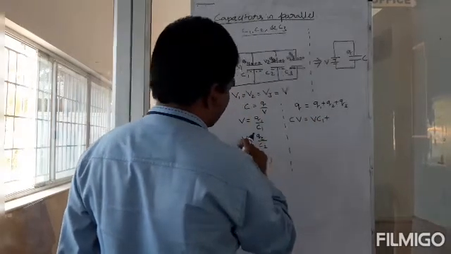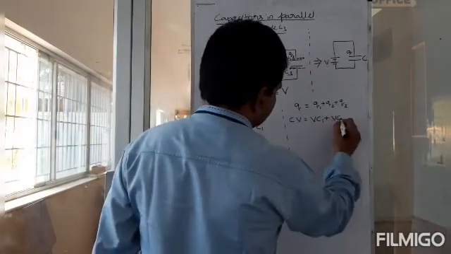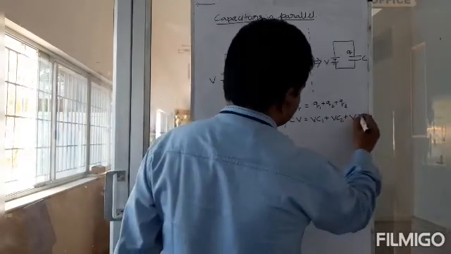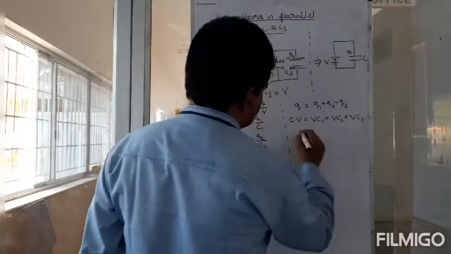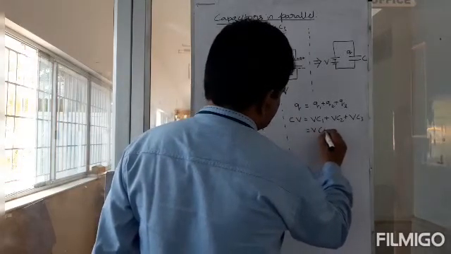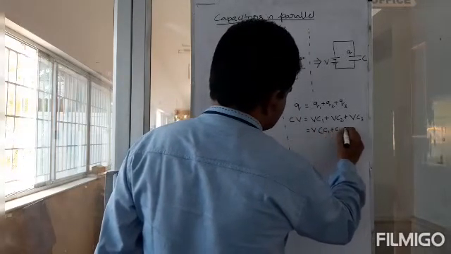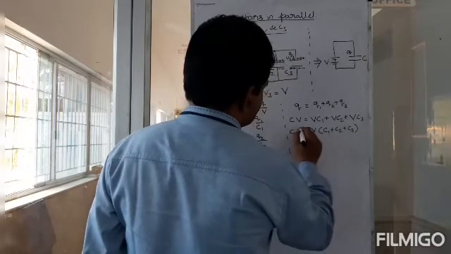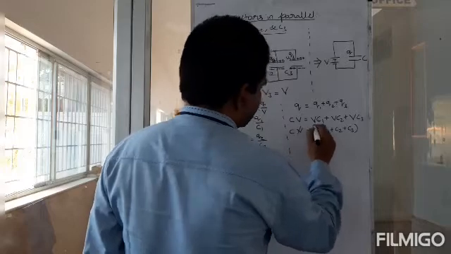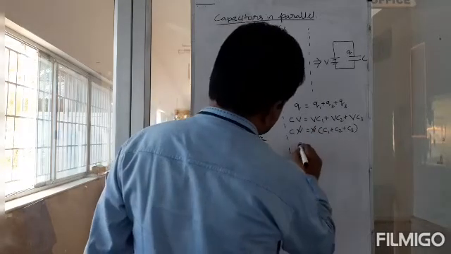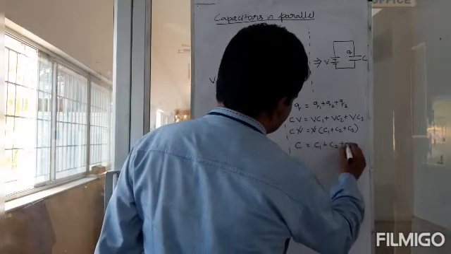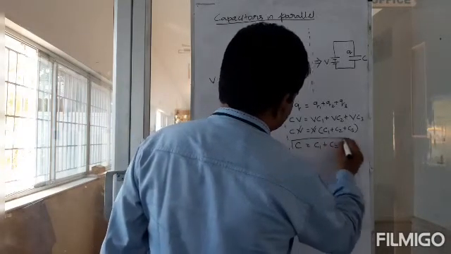What is Q2? V into C2. And what is Q3? V into C3. Okay, I can take V out, and that gives me V times C1 plus C2 plus C3, equal to CV. So now I can cancel V's here. So C is actually equal to C1 plus C2 plus C3 in this case.